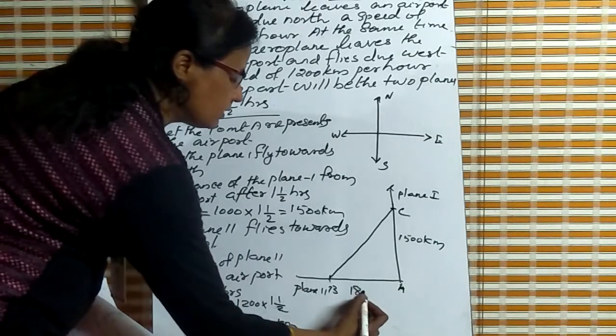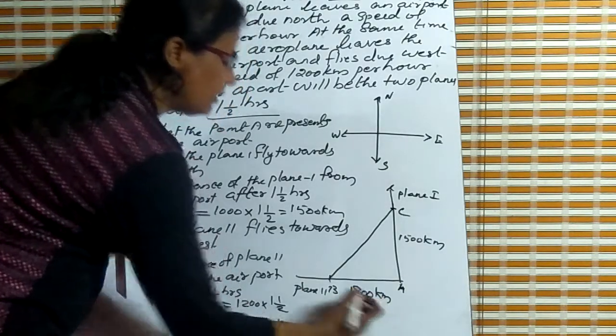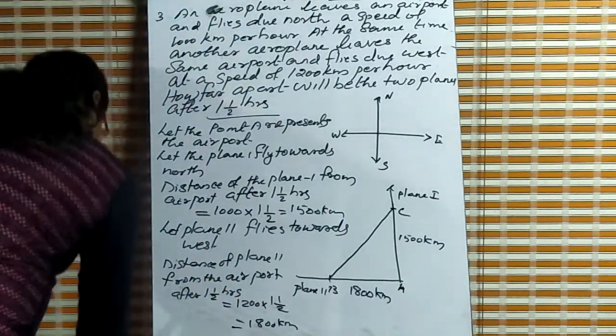This distance is 1800 kilometer. We have to find BC.